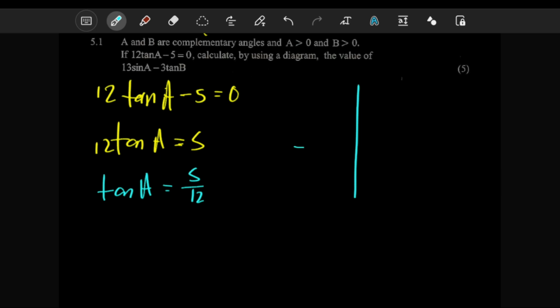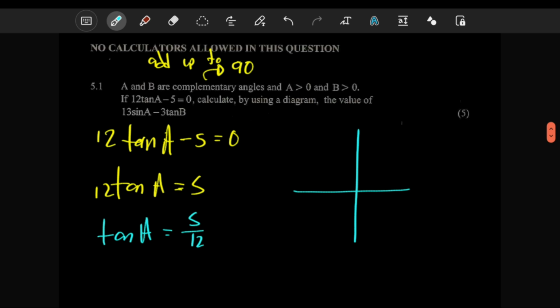So in this case, they said A plus B is complementary. And here it's a positive number and a positive number. So, I mean, you may be thinking to yourself, do you put, well, this is adjacent over hypotenuse, you see. So this is opposite over adjacent, you see.